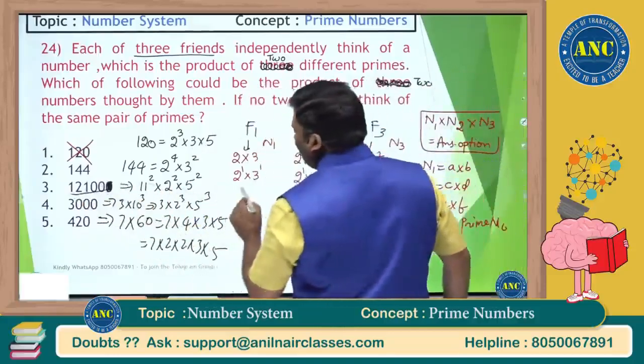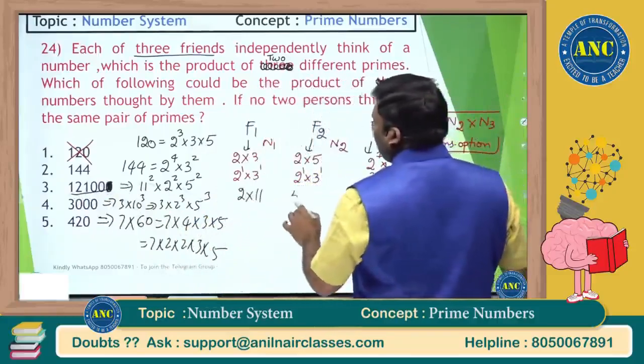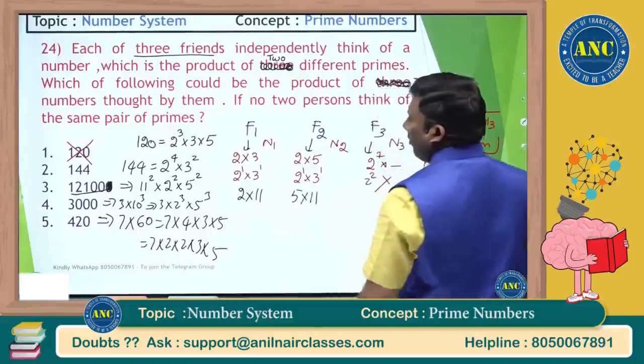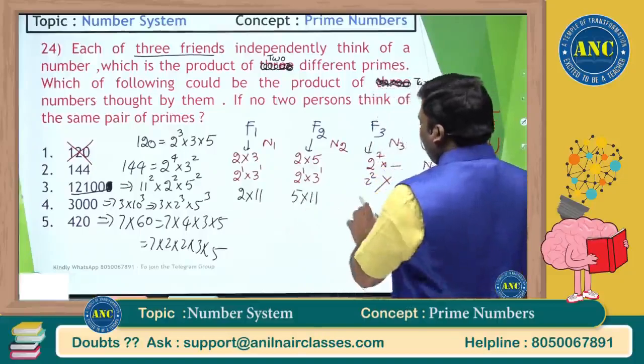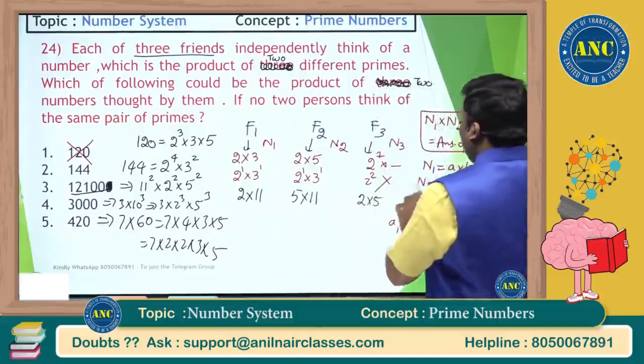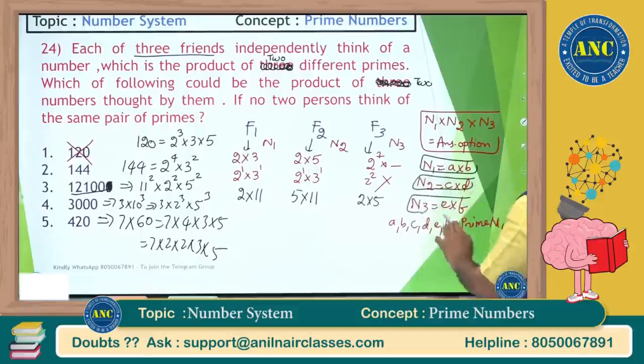121 into 100. He can think 2 into 11. He can think 5 into 11. Are you all with me? 11 into 2 or 11 into 5. He can think 2 into 5. Each number can be written as a product of 2 different prime numbers.